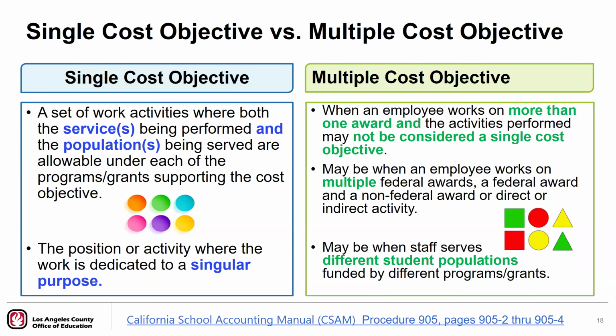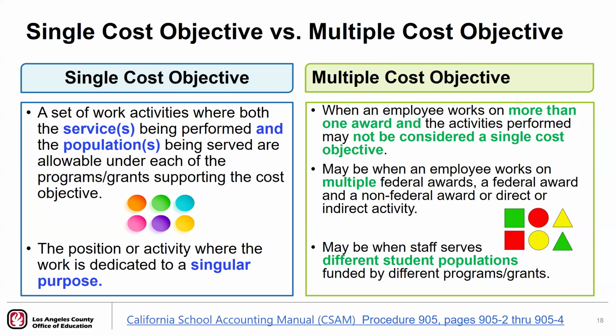There are two types of cost objectives, a single cost objective and a multiple cost objective. When trying to understand these terms, it helped me to think more about the term objective rather than the term cost. A single cost objective is a set of work activities where both the services being performed and the populations being served are allowable under each of the programs and grants supporting the cost objective.